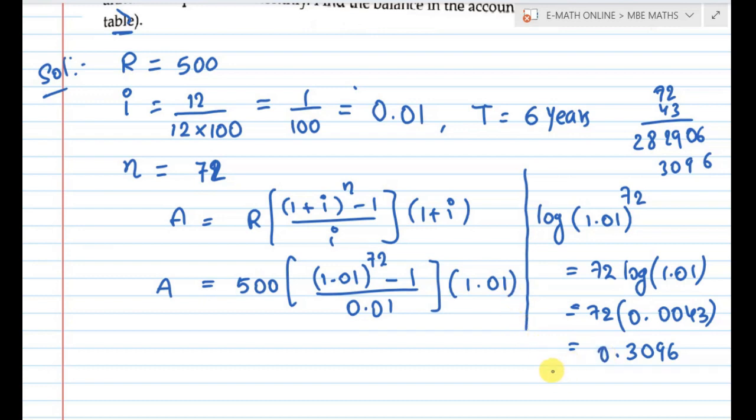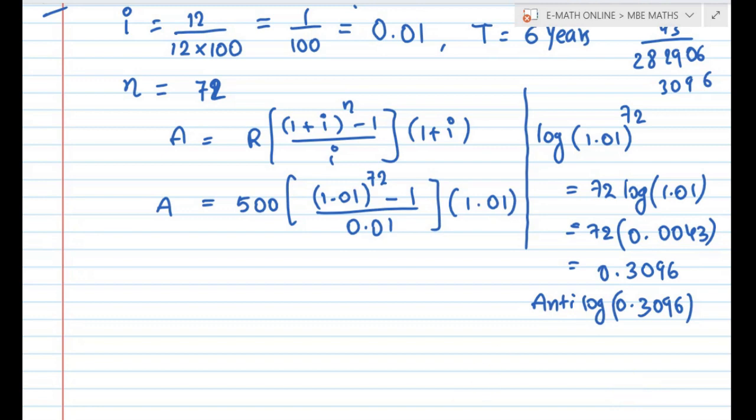That was the log value, but we need the anti-log, right? So next, anti-log of 0.3096 will be equal to anti-log 2040, and we will put the decimal after 2, because the characteristic is 0.